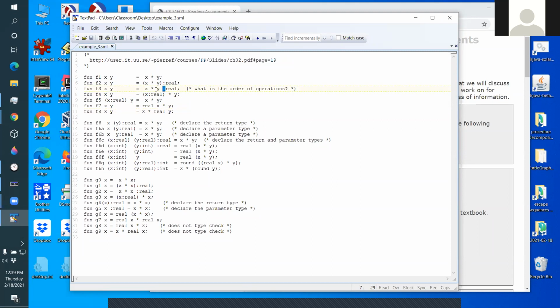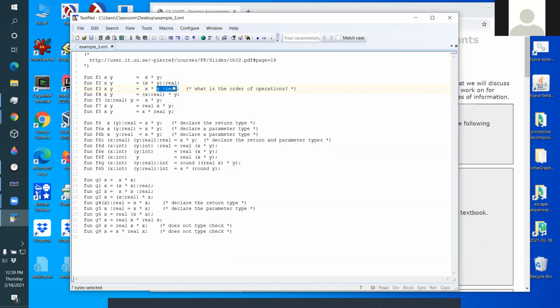Is this bound to just the Y, or is the product done first, and then this is bound to the result of the product, which would be grouping it like this, okay? Or is it grouping it like this? I actually don't know. If it's grouping it like this and it acts like this one, it's saying that that variable is a real.